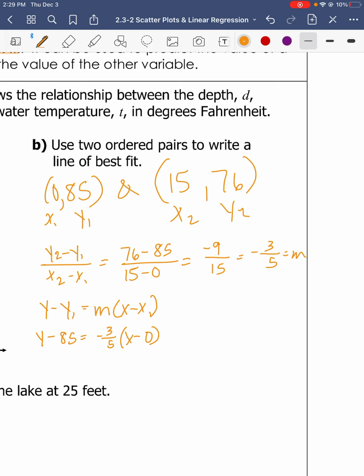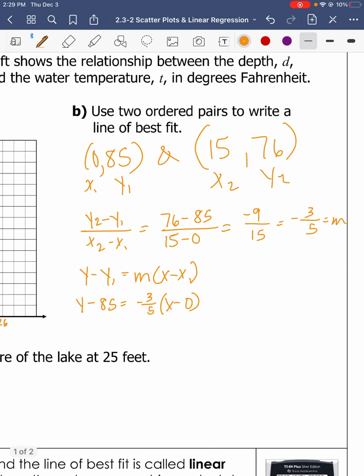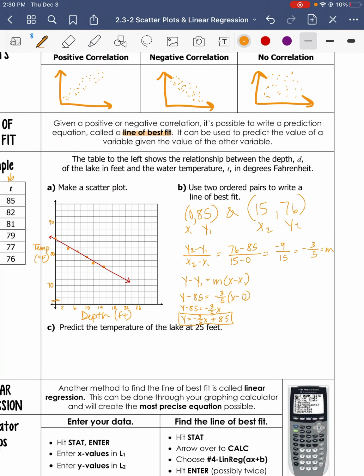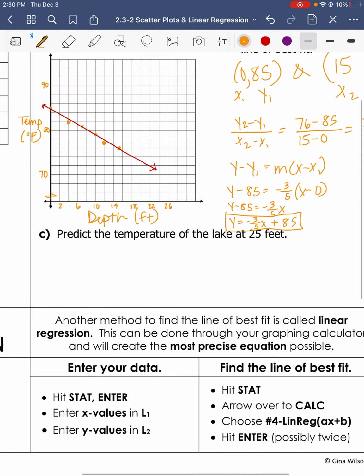Then we write it in slope-intercept form by simplifying. x minus 0 is just x, so y minus 85 equals negative 3/5 x, and we add 85. So y equals negative 3/5 x plus 85. This is the equation of the line.